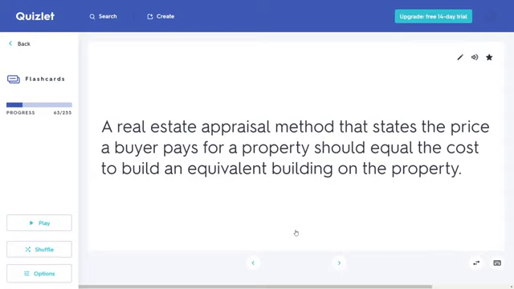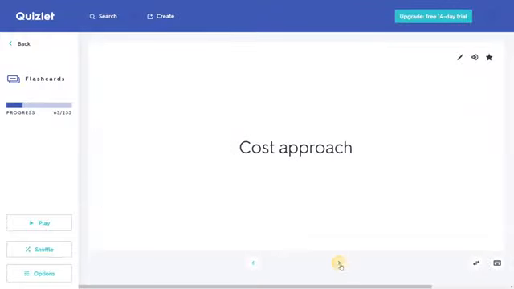I mean, they still might use it, because when they're doing these appraisals, they take a lot of these methods and use them all to come up with the best evaluation. But again, they're looking at what the buyer would have to pay for the property if for some reason it was destroyed. And by pay I mean pay to rebuild it. But yeah, that's pretty much it for that one.